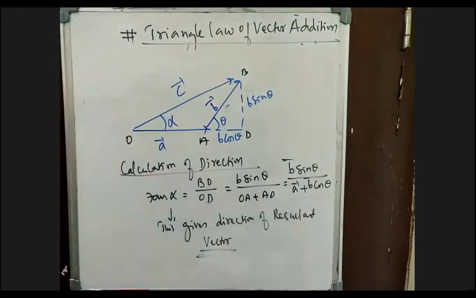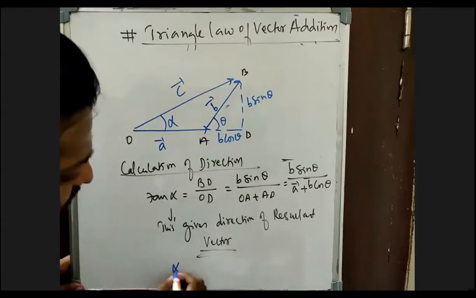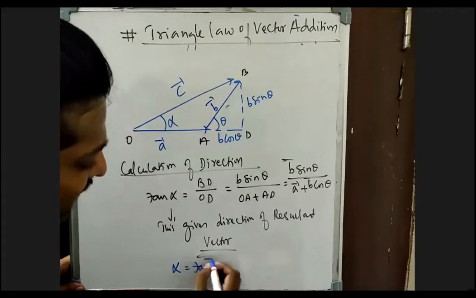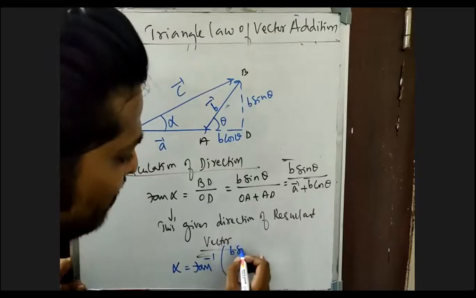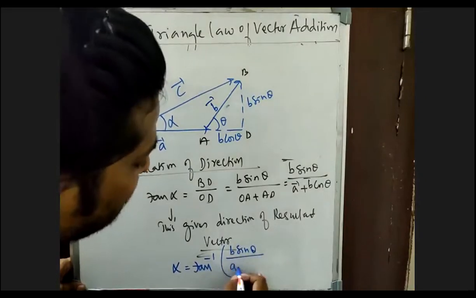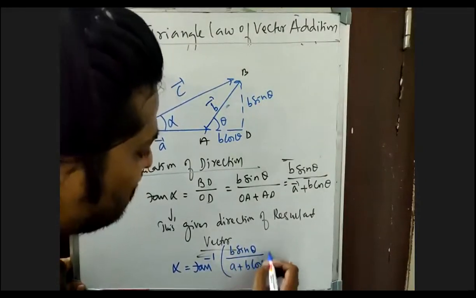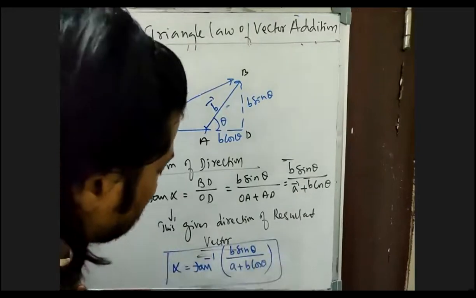Okay, so now you have got an idea how to calculate the magnitude of the vector and how to calculate the value of alpha. Sometimes alpha can also be written as alpha equals tan inverse of B sine theta divided by A plus B into cos theta. So this is your angle.